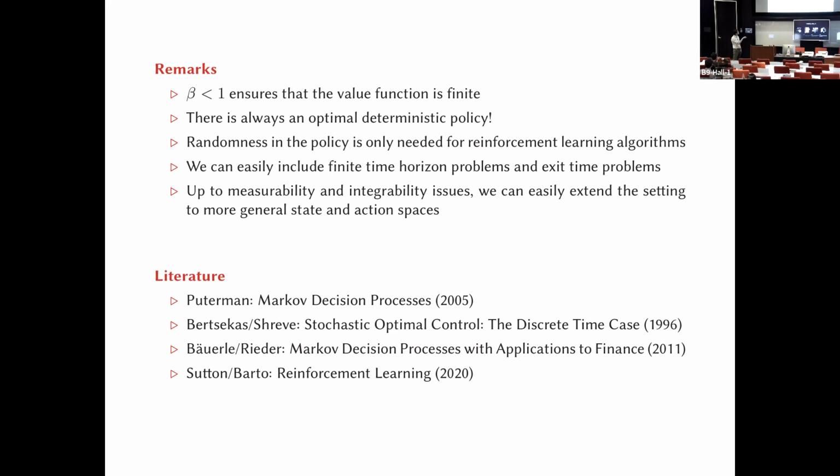If you want to look at applications to finance, Bäuerle-Rieder is a nice book, also very accessible, and they try to convey a lot of intuition, and it has these applications to finance if you're interested in that. And if you don't care too much about mathematics and only want to learn about reinforcement learning, then Sutton-Barto is a great introductory book to look at. Bertsekas-Shreve and the Sutton-Barto book are available for free online. So good starting points.